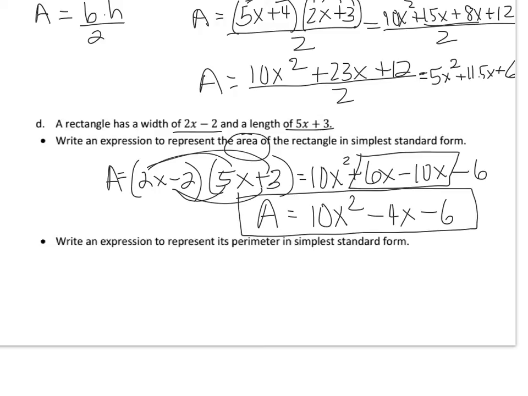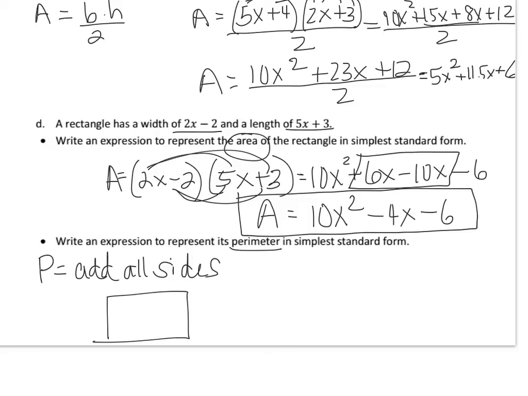Now, the second part of D says find the perimeter. As we talked about a couple classes ago, perimeter is when you add all the sides. And if you remember, if we have a rectangle that has a length of 5x plus 3, well, it's got two lengths of 5x plus 3.